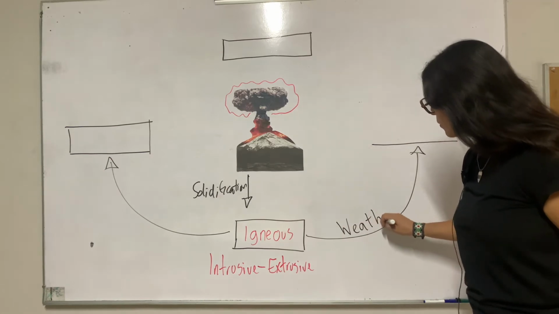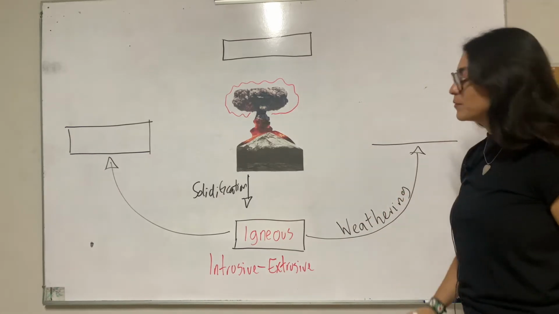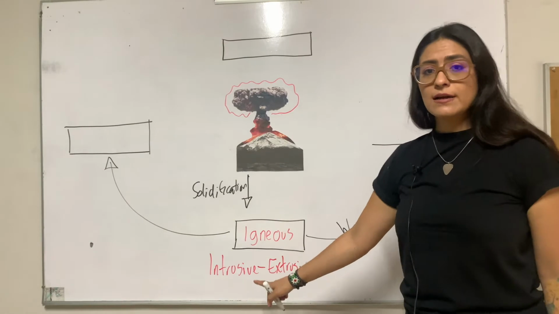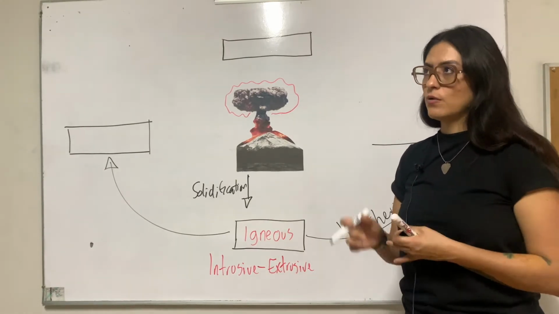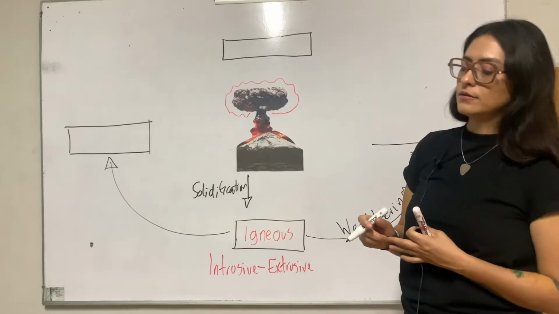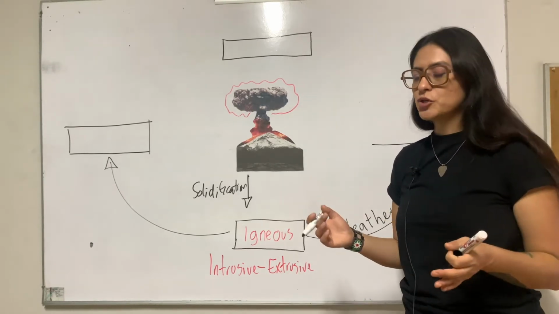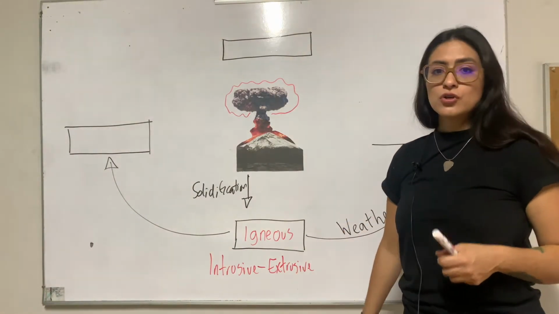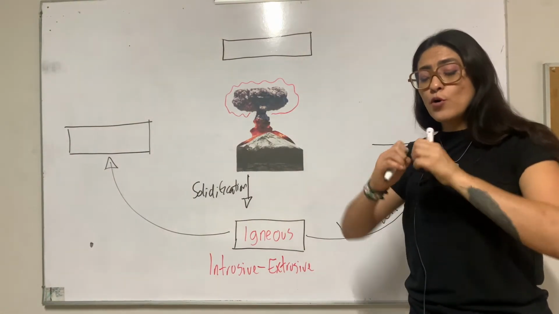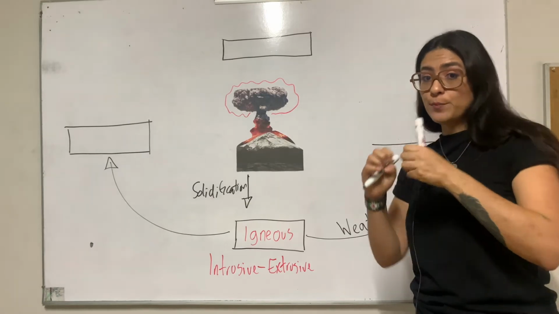The weathering process is where the sun rays, the UV light, the water, the heat and the temperature act on the rocks. Weathering is going to break down the rocks into little pieces.